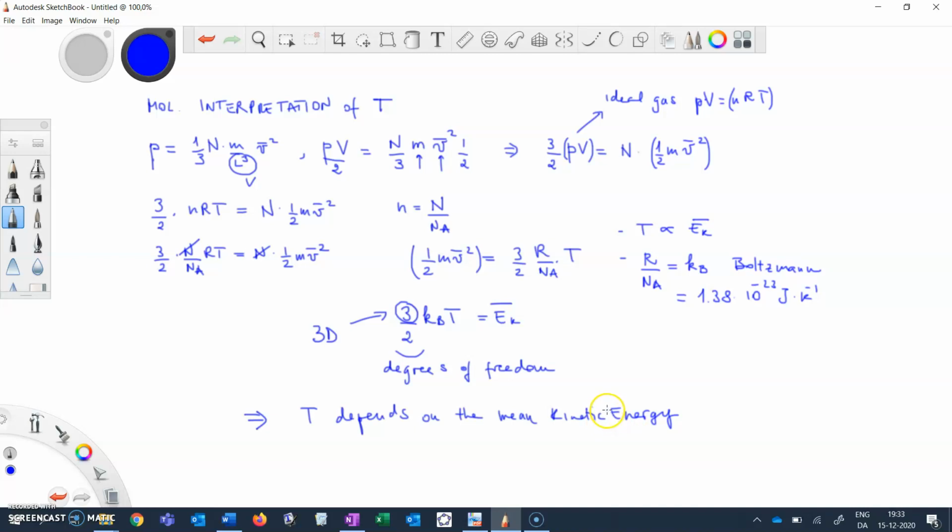So the kinetic theory of gas links the temperature, which is a macroscopic quantity that we can measure outside with a thermometer, to the microscopic energy of each molecule in the gas.